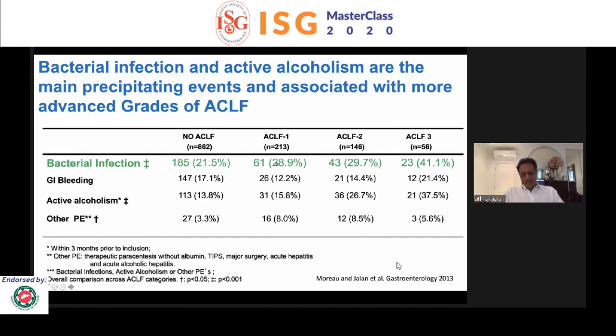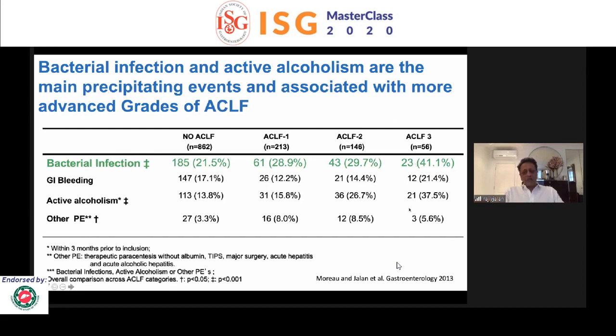But as you can see here, bacterial infection is the most important precipitating event for the patients that we deal with. And this has now been confirmed in the PREDICT study, where we set it up to look at the precipitating events carefully. As you can see, as you move from no ACLF to ACLF3, bacterial infection underlies the risk of development of ACLF in up to 41%, which is massive.